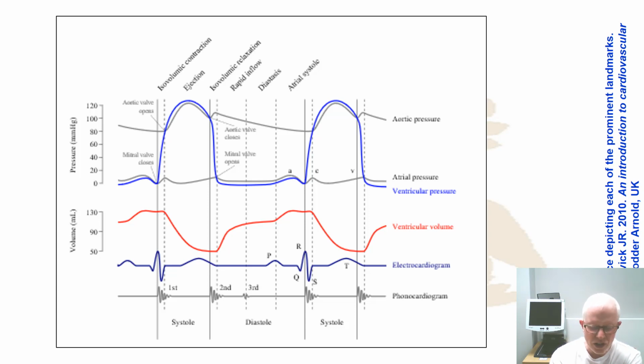So for example, you can see the T wave, where you're getting the repolarization of the ventricles. We've actually got low ventricular pressure because in essence the blood has been ejected from the heart, so the pressure is going to fall.